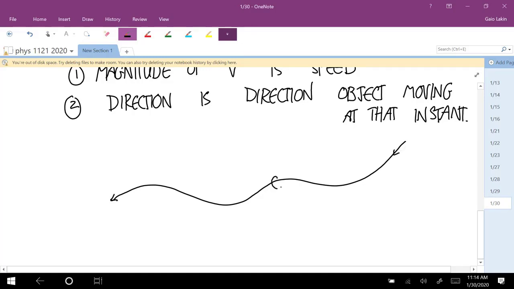And let's say this is the object at the time we're interested in. The velocity vector is always tangent to the path. Okay.